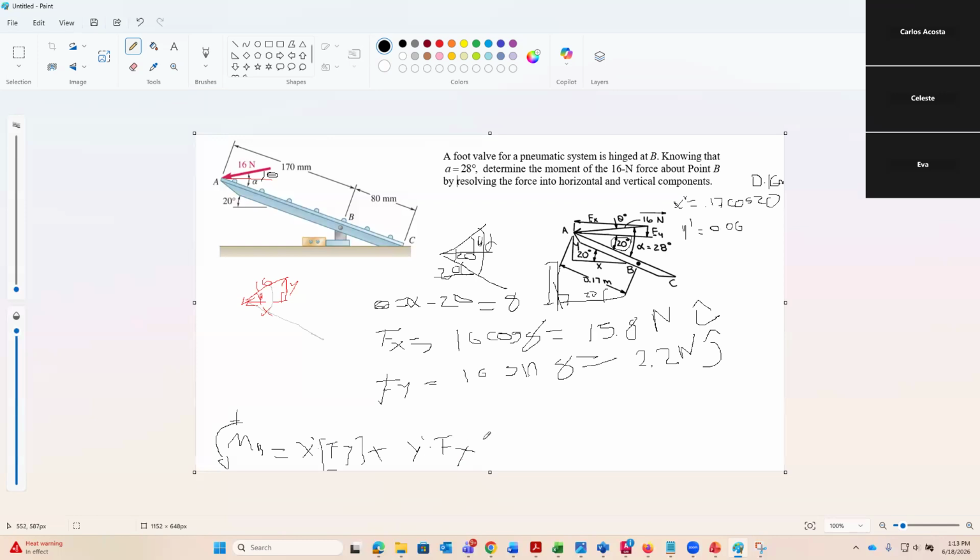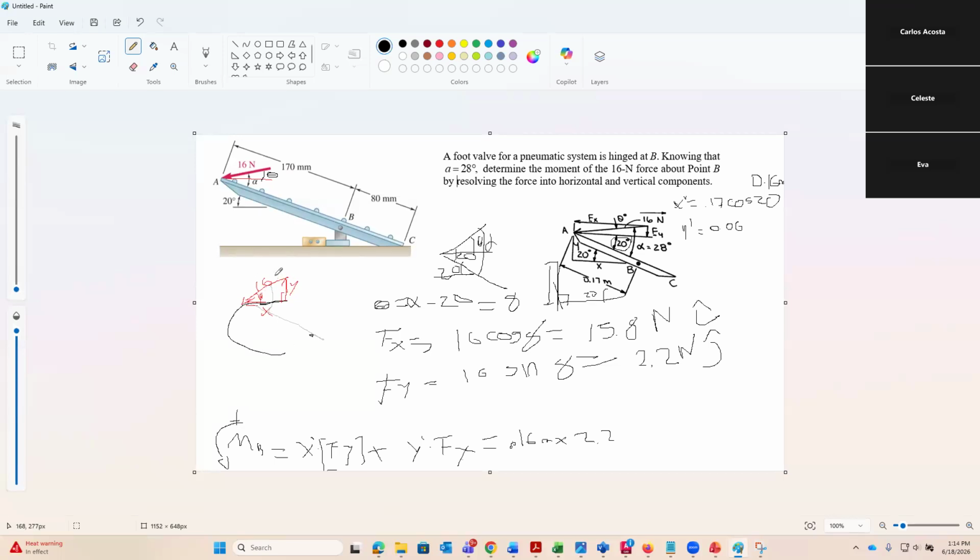So that means we have X prime, which you told me is 0.16 meters, times that force in Y, which is 2.2. And that is rotating counterclockwise, right? Because this force right here is pressed right here, so it's making it go counterclockwise.